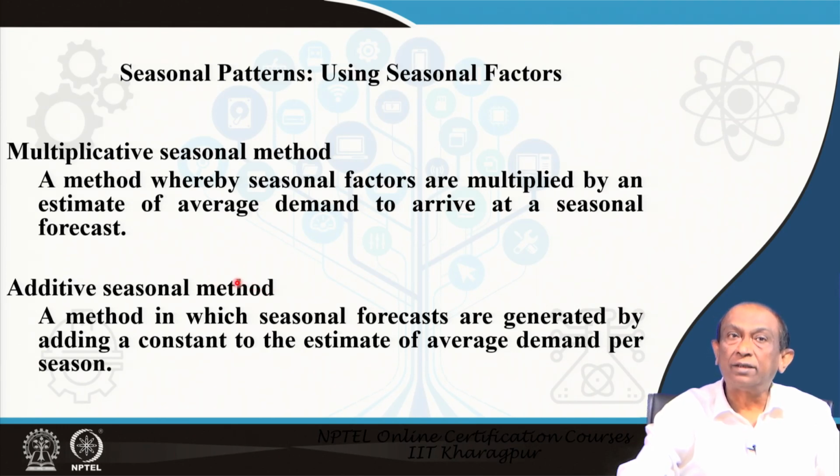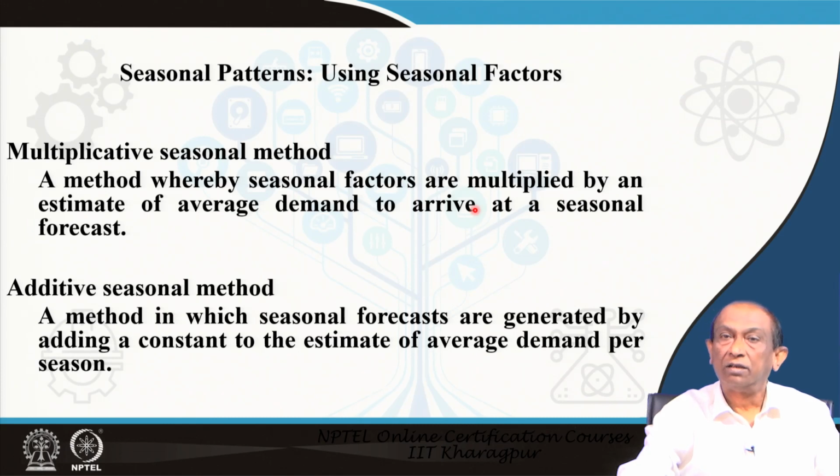So, there are two methods. The first one, the multiplicative seasonal method, is more widely used. This is a method where the seasonal factors are multiplied by an estimate of average demand to arrive at a seasonal forecast.